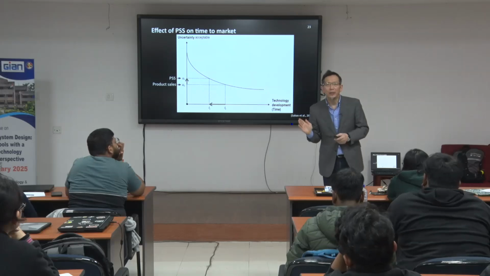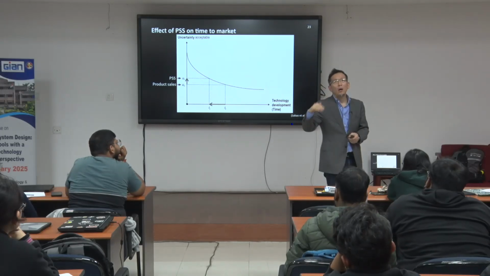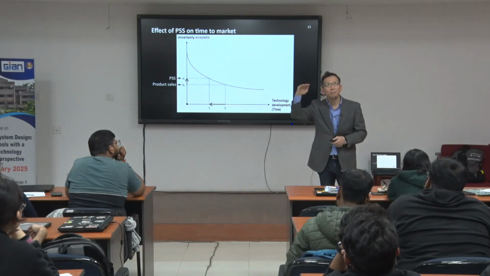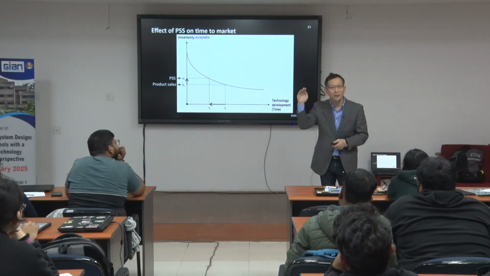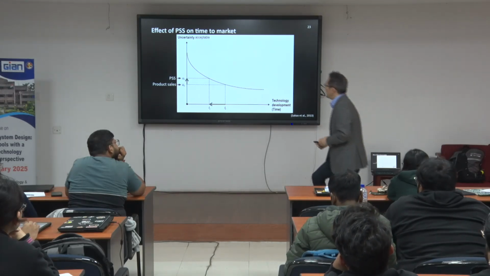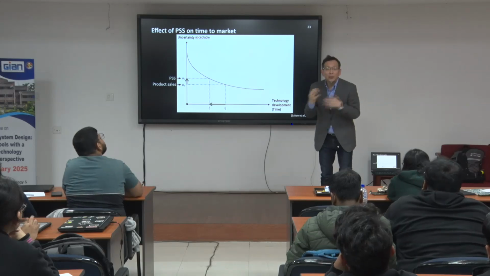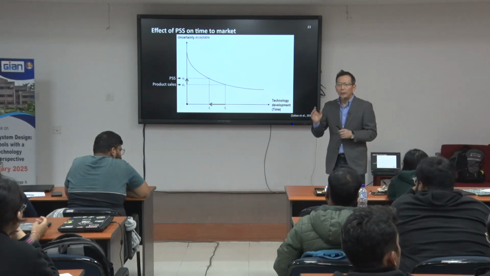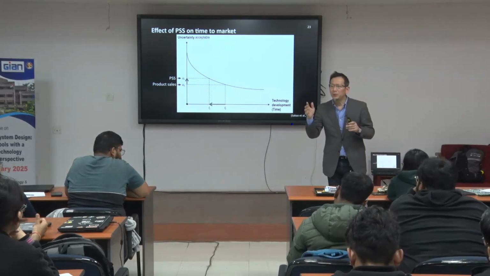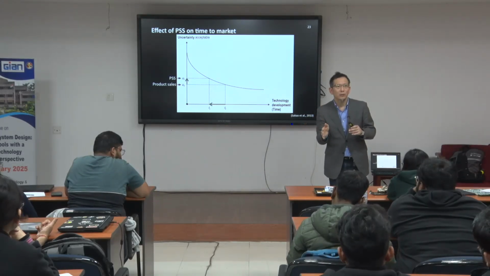And now the question is, how high can the acceptable probability of malfunction be? In the case of product sales, as I explained earlier, the uncertainty becomes a risk almost always.